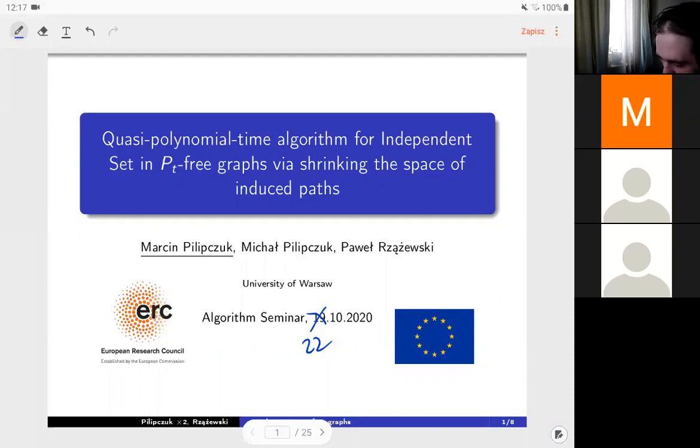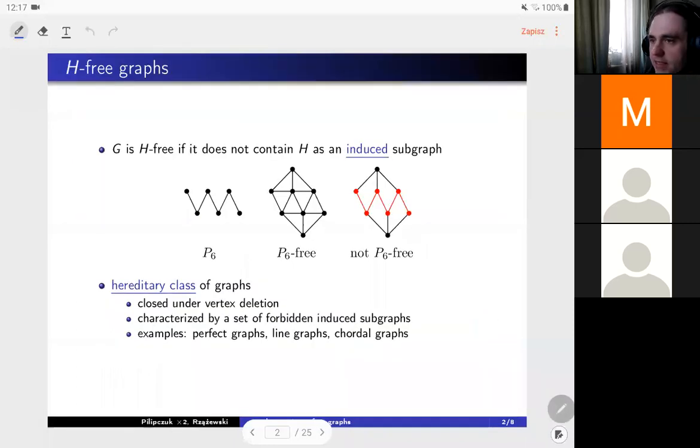Okay. So let us start with some motivation here. We study, in a methodological fashion, how restricting the family of graphs you're studying impacts the complexity of some problems. For example, some problems on planar graphs are simpler, or some problems on trees are simpler, but there are a lot of different graph classes.